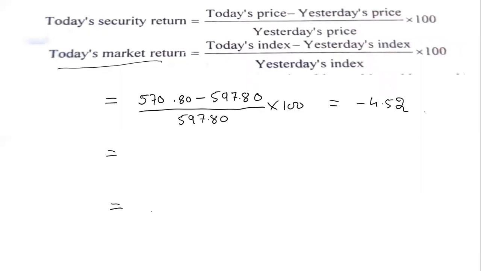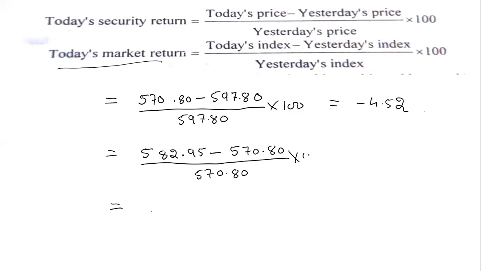Today's price is 582.95 minus 570.80, divided by 570.80, into 100. Here we get a positive value because today's price is greater than yesterday's price. After calculating, we will get 2.13.